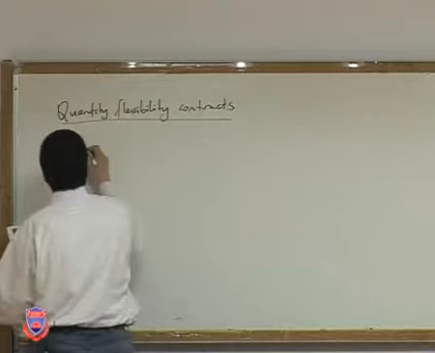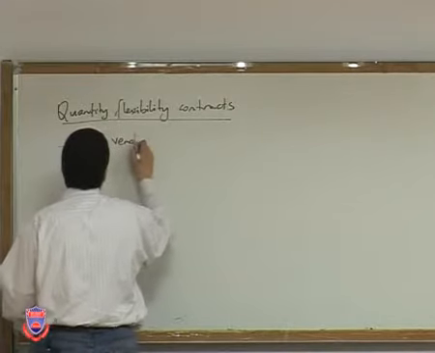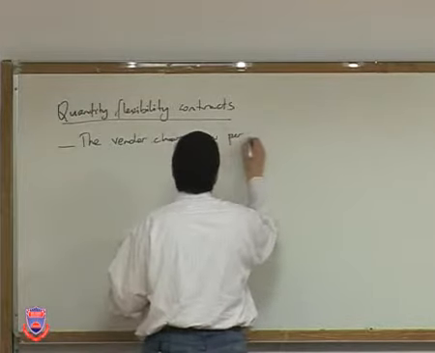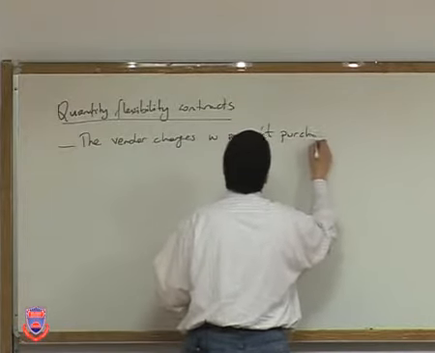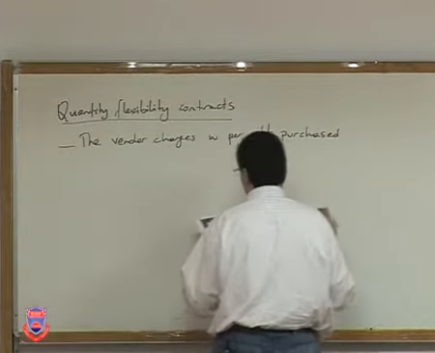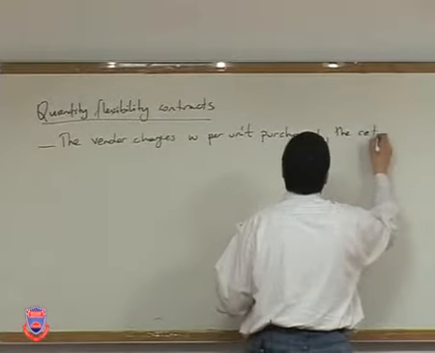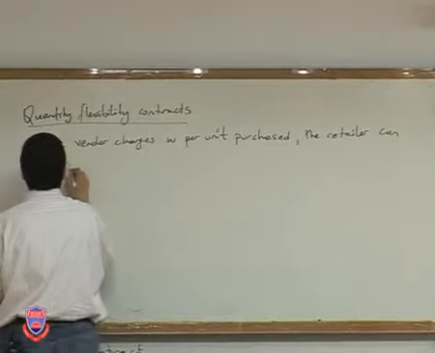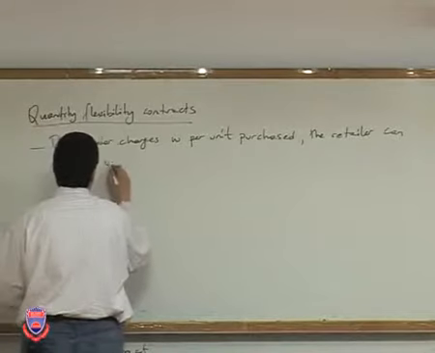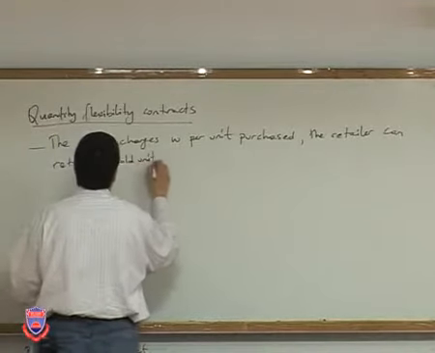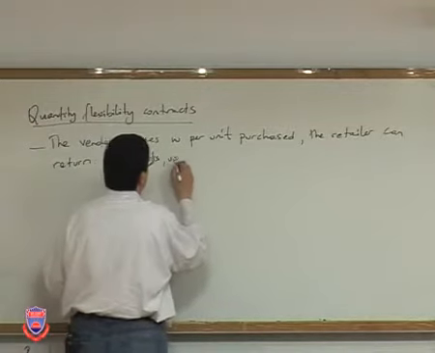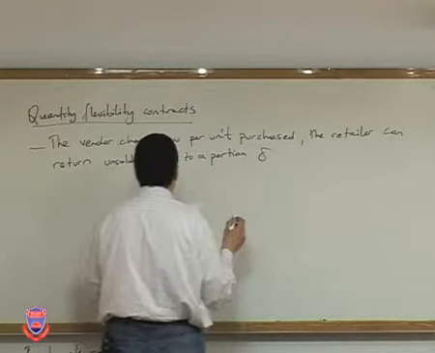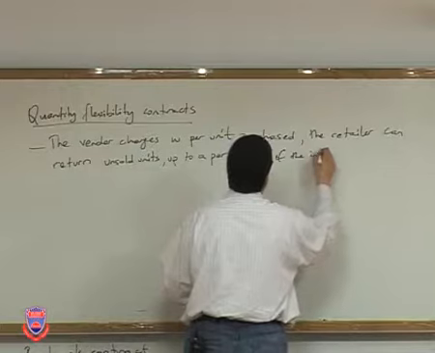So here again, the manufacturer or the vendor charges W per unit purchased, and the retailer can return unsold units up to a portion delta of the initial order quantity.